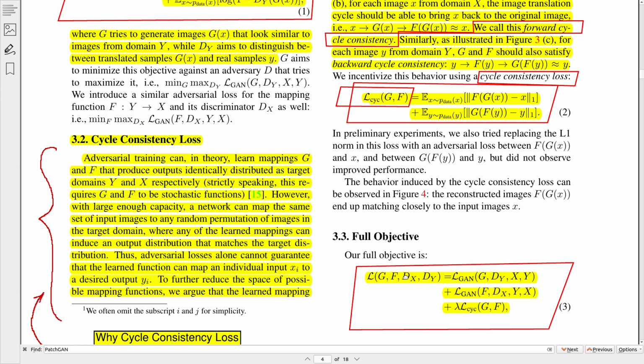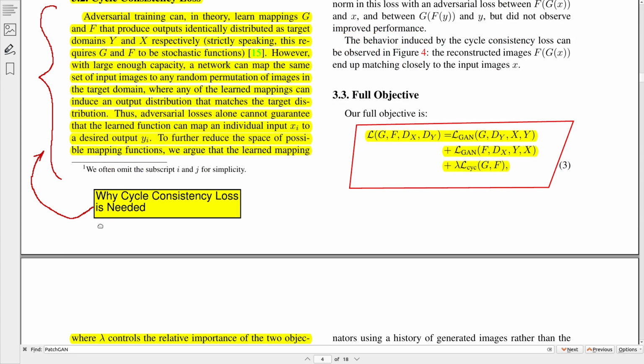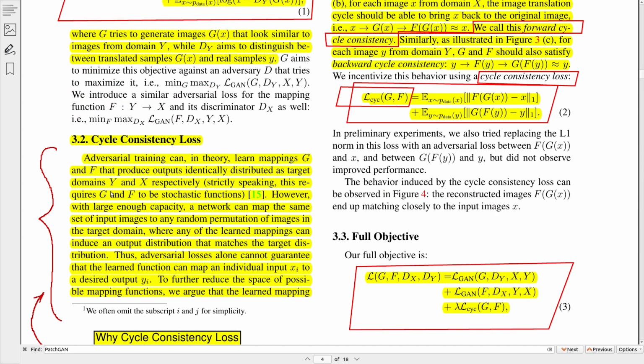So now in this section, they mention very clearly why cycle consistency loss is needed at all. Let's quickly read through this section because this is very important actually. Adversarial training can in theory learn mappings G and F that produce outputs identically distributed as target domains Y and X respectively.